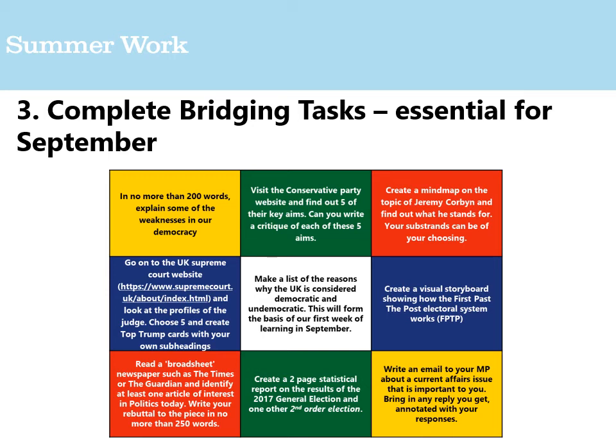The other activities that you could do, and I'll go from the top left corner, try and think about some of those weaknesses in democracy and explain why our political system might have some of those weaknesses, and try and understand what limitations perhaps our political system has.